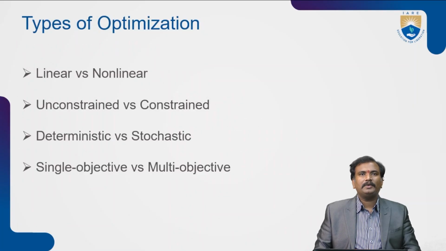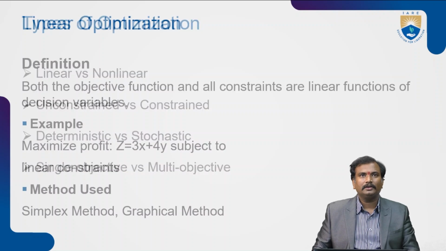And the types of optimization. We have different classifications of optimization: linear versus non-linear, constrained versus unconstrained, deterministic versus stochastic, and single objective versus multi-objective.